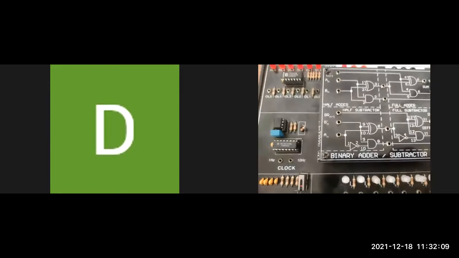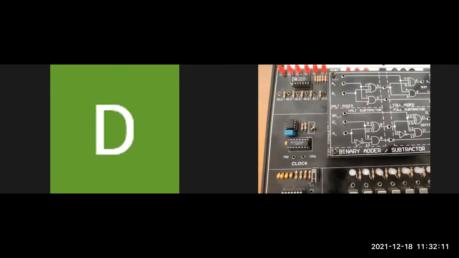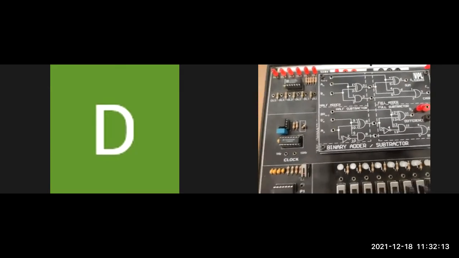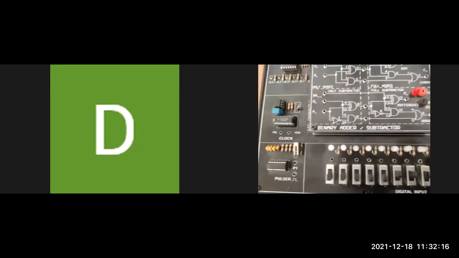If you don't know the IC number of each and every gate, how will you understand which IC is for which gate? 7486. 7486 is the IC number of the XOR gate, and for the AND gate, what is the IC number? 7408. Okay.